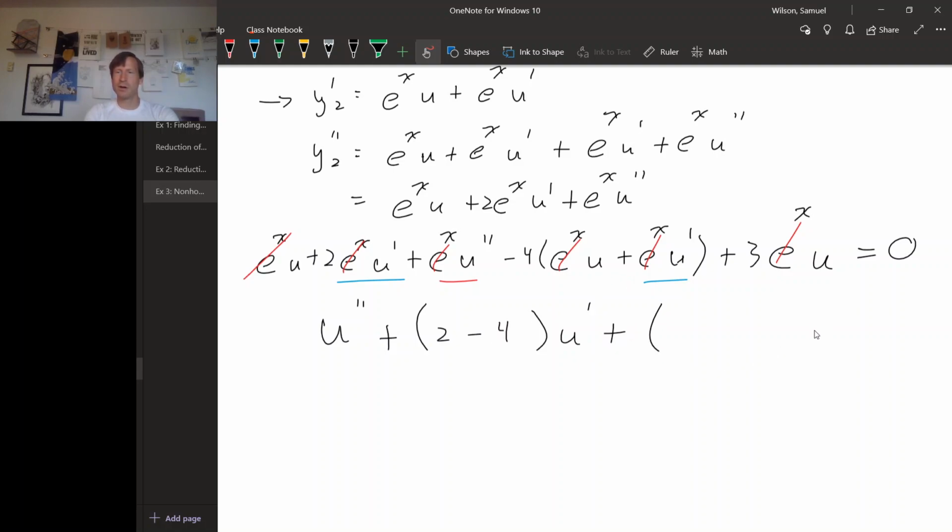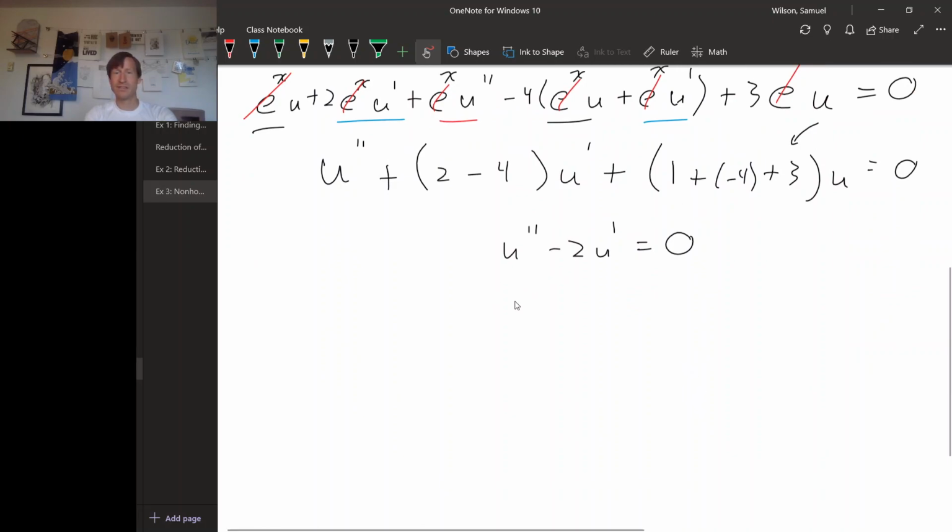And then let's gather up all of our u terms. And remember, the stuff that's in parentheses here ought to add up to 0 if we've done reduction of order correctly. So gathering up all of our u terms, there's a 1 coming from here, a minus 4 coming from here, and a plus 3 coming from here. So those add up to 0. So good, we did something right. So this gives us the equation u double prime minus 2u prime equals 0.